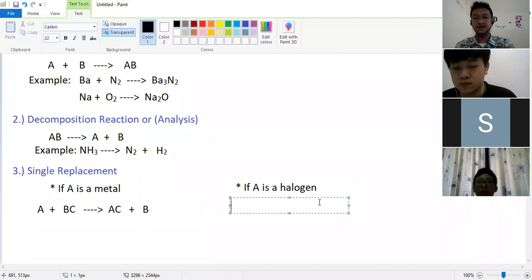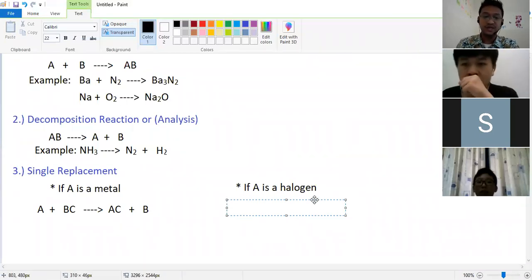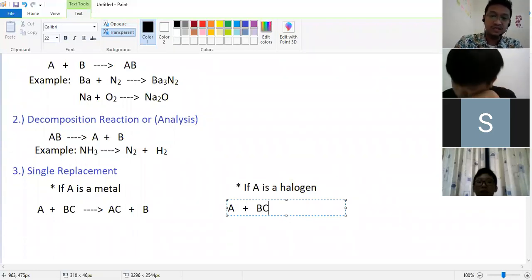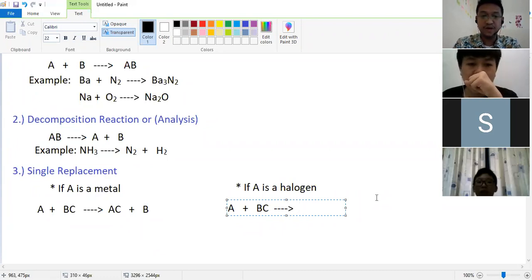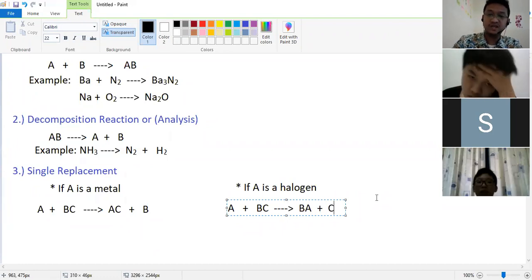This is how the reaction works. You have the free element A, which reacts with the compound BC, and it will yield the compound BA plus free element C.